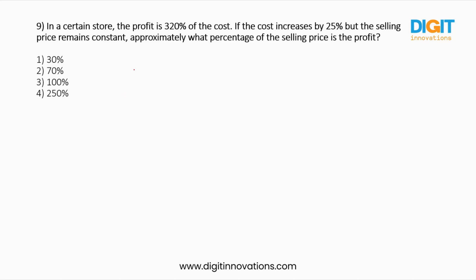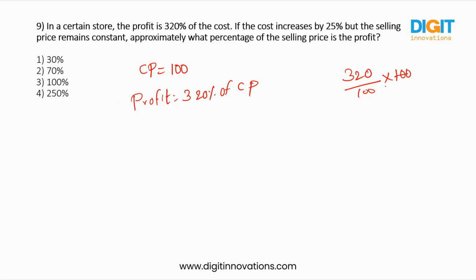So let us take previously cost price as 100 and you got profit as 320% of CP. So 320 by 100 into what is CP? 100. So it is 320.